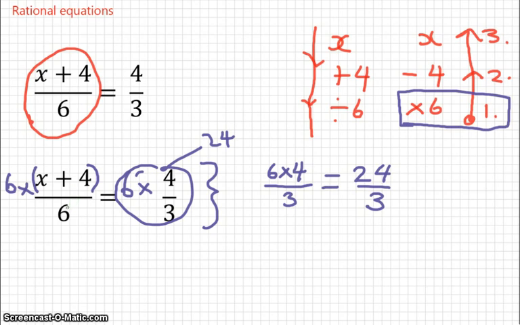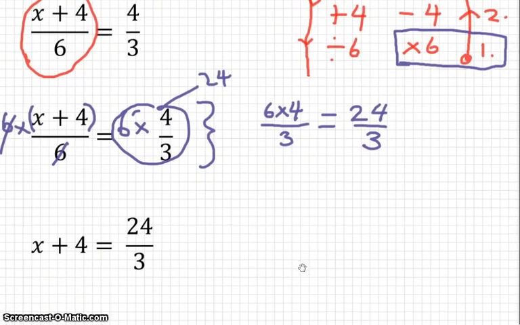If you remember your fractions, you will notice that this 6 will cancel this 6 out. So let's cross those out. There we are, crossed out. Since we've cancelled them out, all we will be left with is x plus 4. So we'll look at that in the next line.